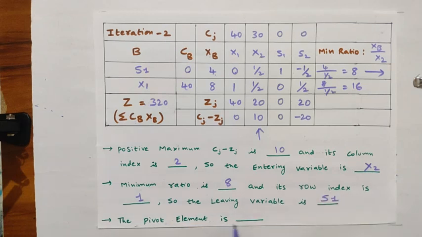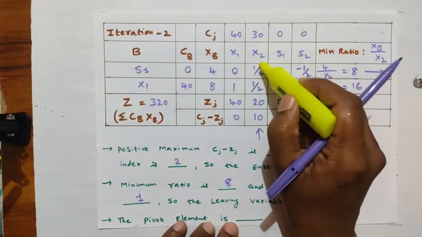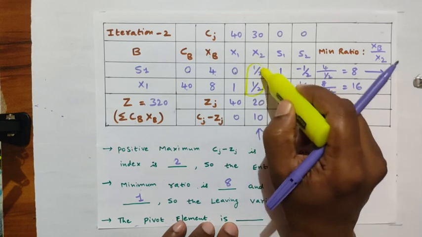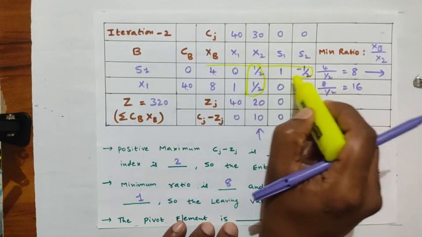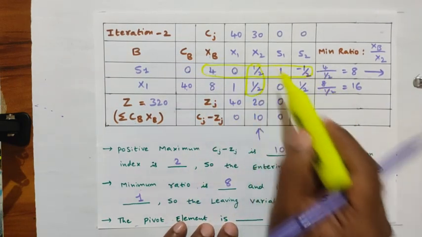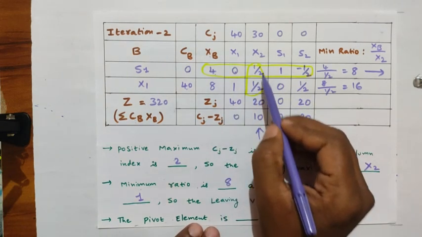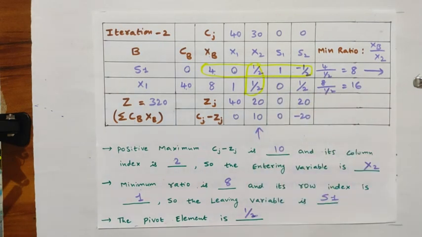Here, how will we find the pivot element? This is the key column, and this is the key row. The intersection of the key column and key row is the pivot element. So the pivot element is half.